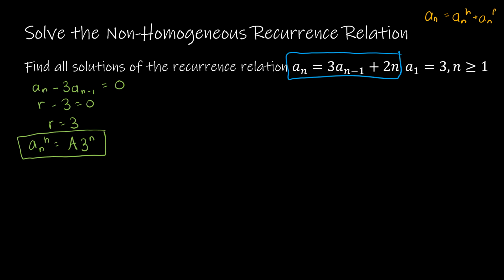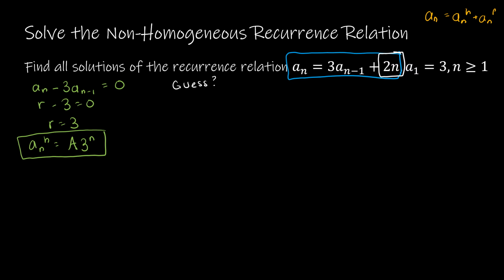Now what I'm going to do is look at the particular solution. So I'm going to take the whole recurrence relation and solve. Before we get started, I do want to talk about the fact that I need a guess. Remember we talked about guessing the format of the non-homogeneous function of n that is part of our recurrence relation. If I look just at this function, that's just a linear function.